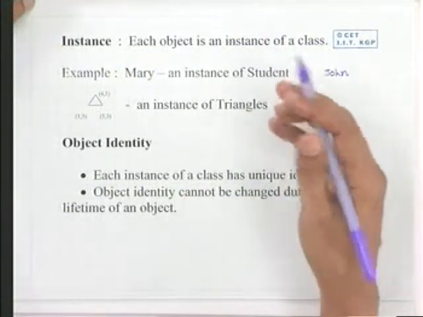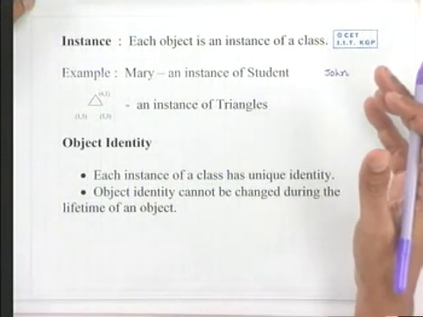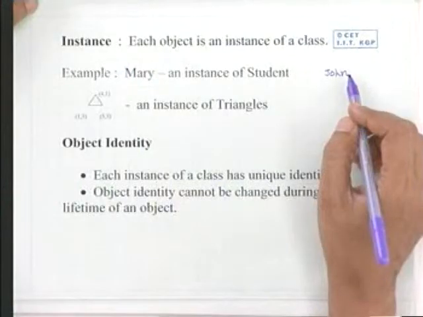There may be many instances of a student in a particular application, but each one of these students will have the same structure and behavior. The behavior, as we have noted earlier, is determined by the operations that are supported in the definition of the class.